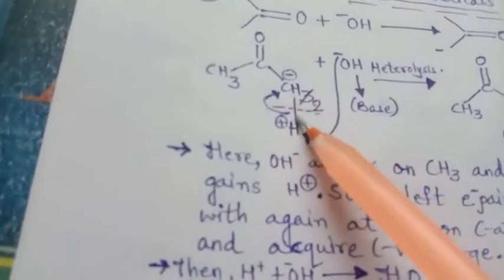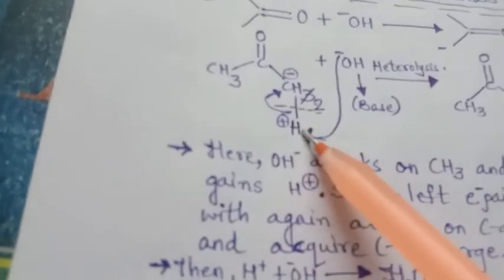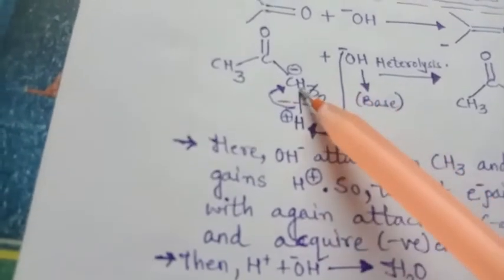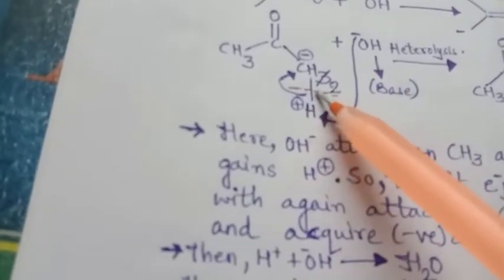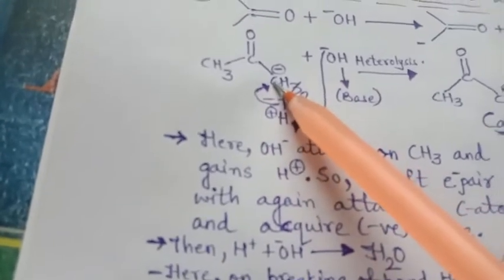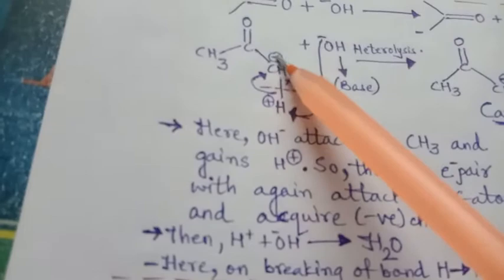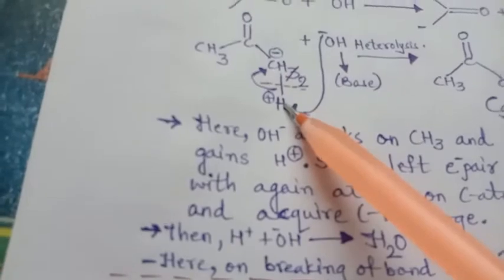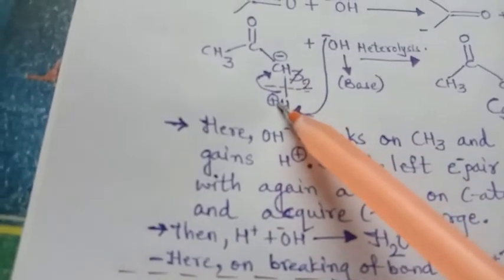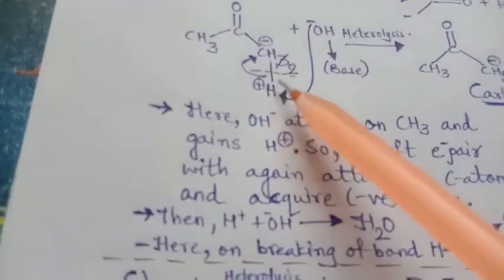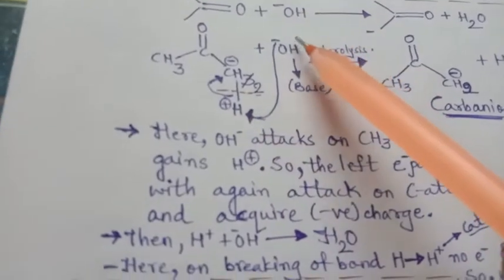And when this cleavage takes place, we know that hydrogen has only one electron. On the cleavage, hydrogen will donate its electron, and this electron will be given to the carbon. So carbon will acquire a negative charge because it has accepted the electron, and hydrogen, now without a bond, will have only a positive charge. This negative charge will attack this positive charge and it will be separated as H2O.